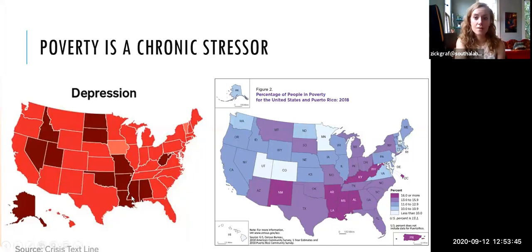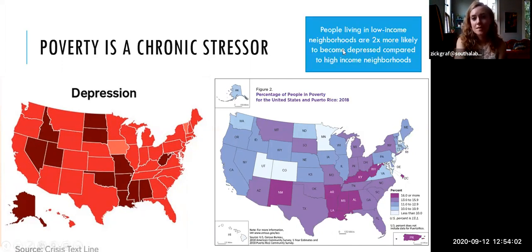This is a study that looked at the number of suicide and crisis hotline calls for different problems. And again, the states in the Deep South with the largest concentration of people living in poverty are also the states that have the highest rates of depression. This research has been done at the neighborhood level too.